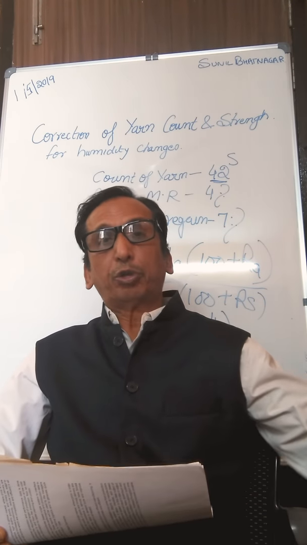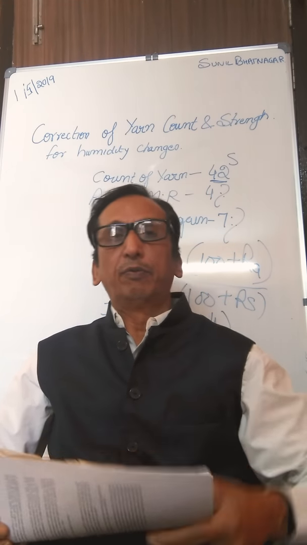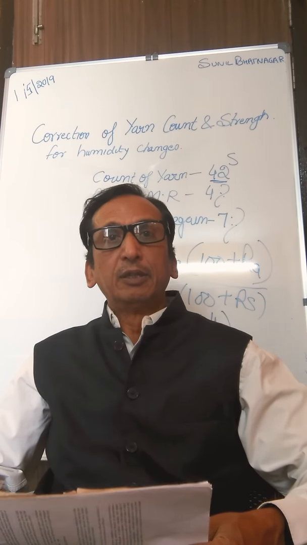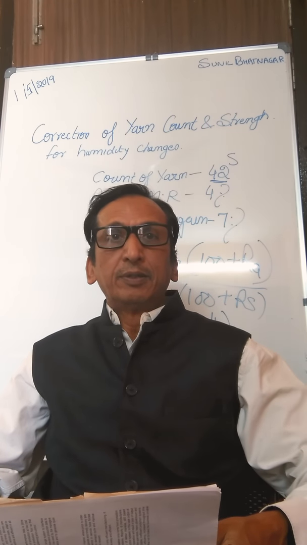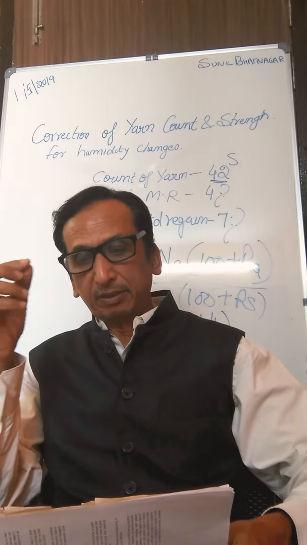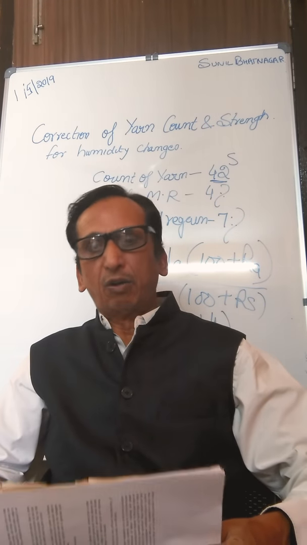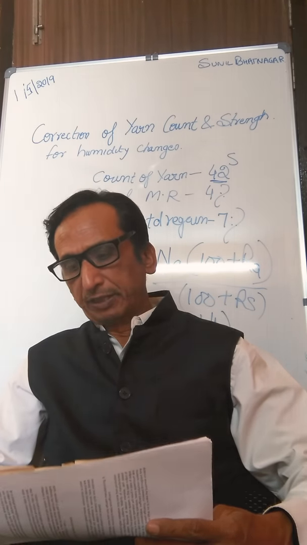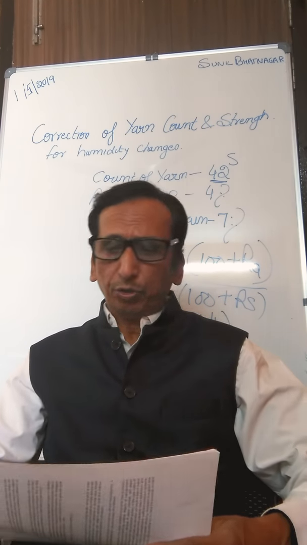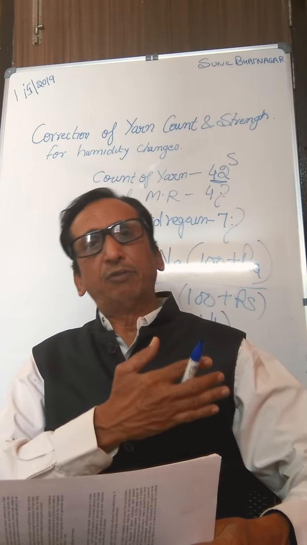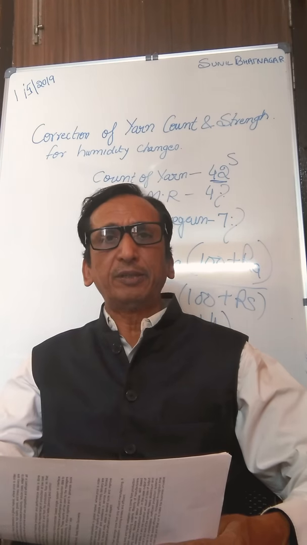Now if the count is shown as 42 and I require 40, and immediately I go for the change, then it will be a wrong decision. In order to have a correct action, you must correct the count on this basis. In the same way, when you find the correct count, then the correct strength is also taken into consideration.